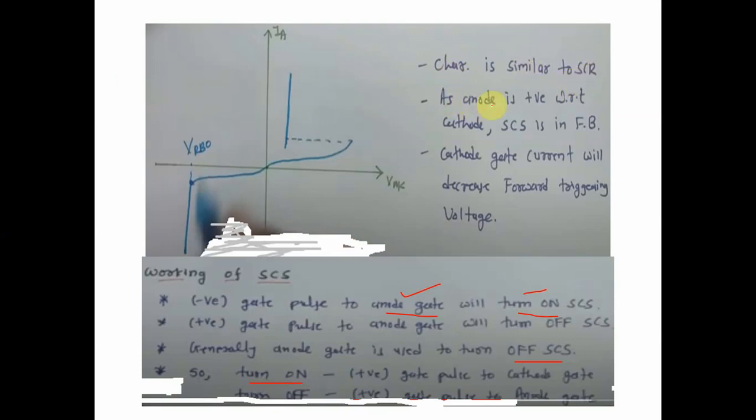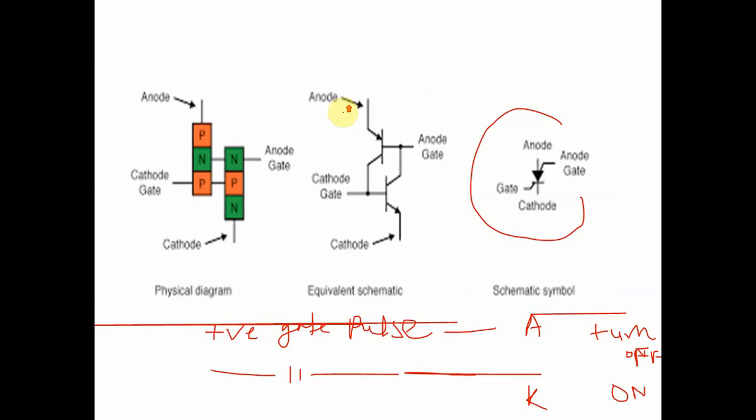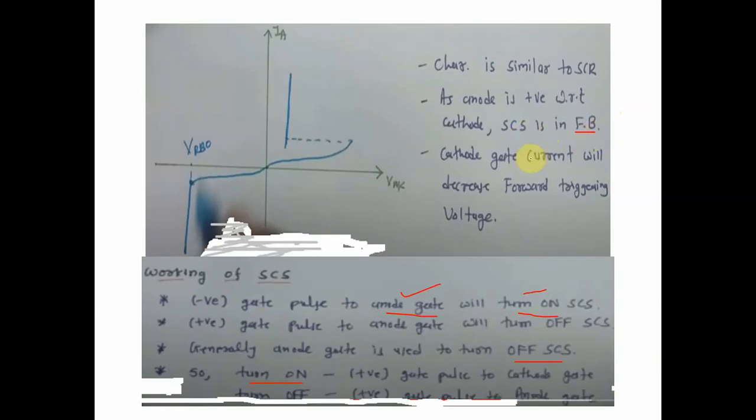Here, as the anode is positive with respect to the cathode, SCS is in forward bias.